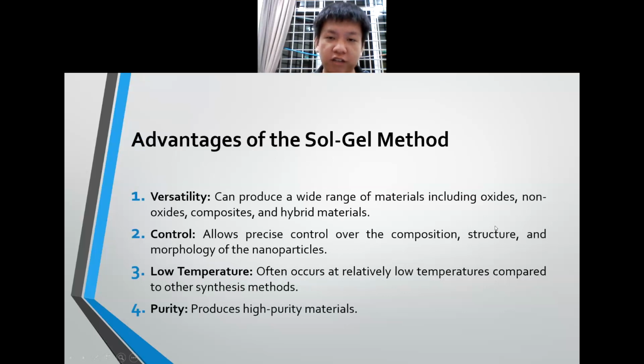For the advantages of the sol-gel method, first one, it can produce a wide range of materials including oxides, non-oxides, composites, and hybrid materials, so that is the versatility. And then the second one is control, as it allows precise control over the composition, structure, and morphology of the nanoparticles.